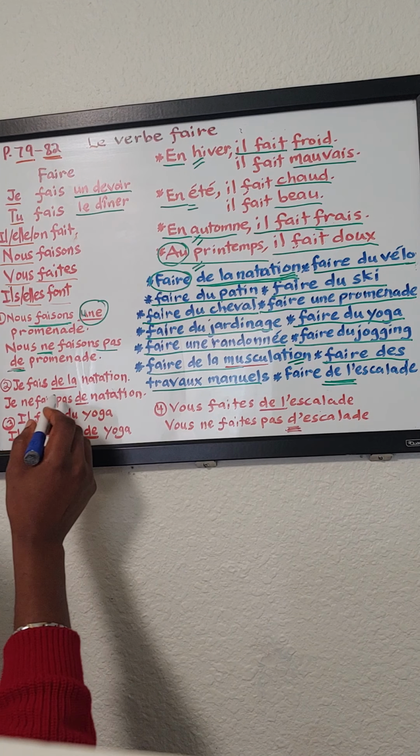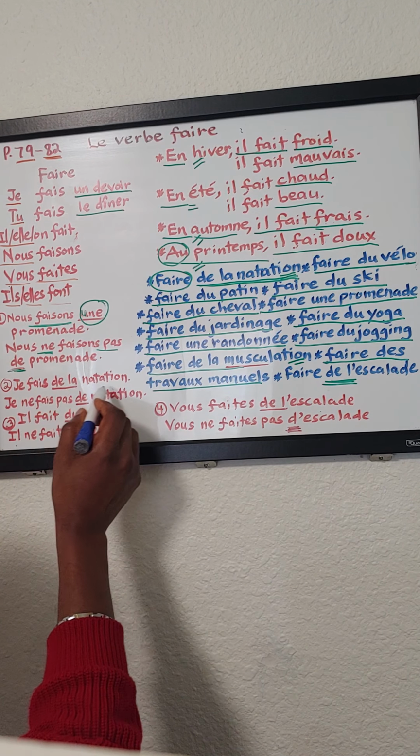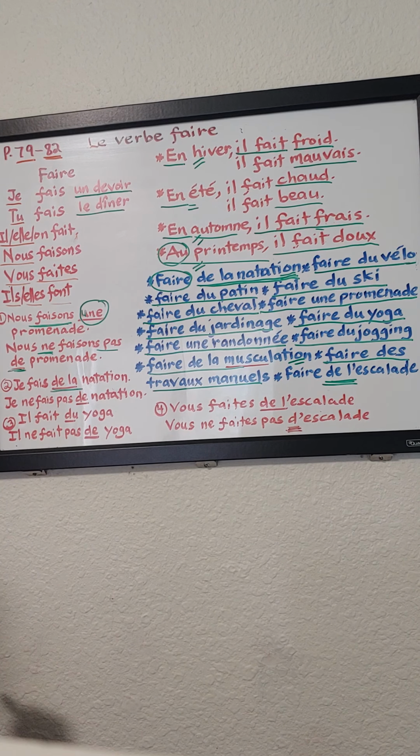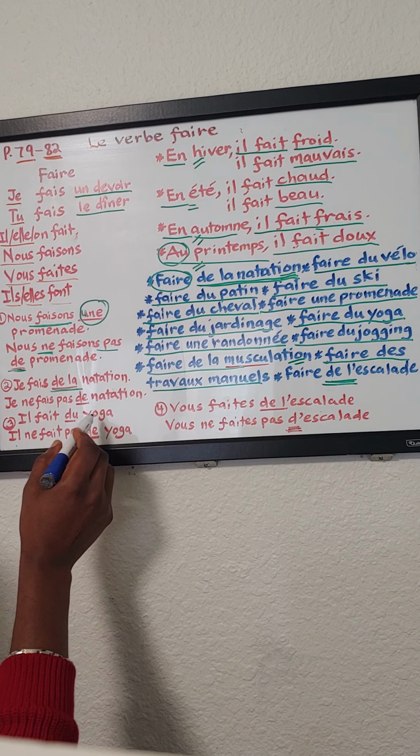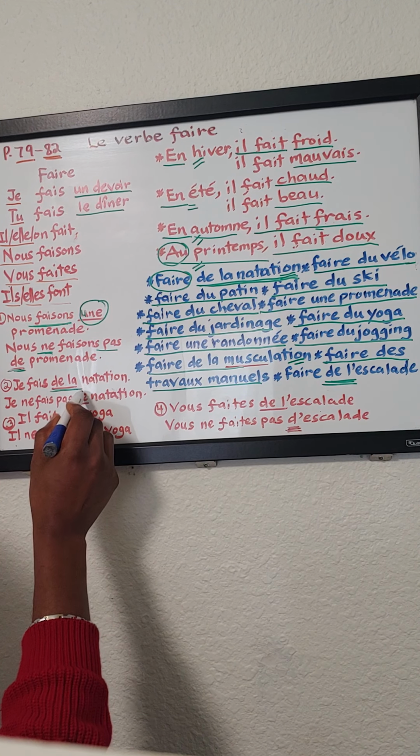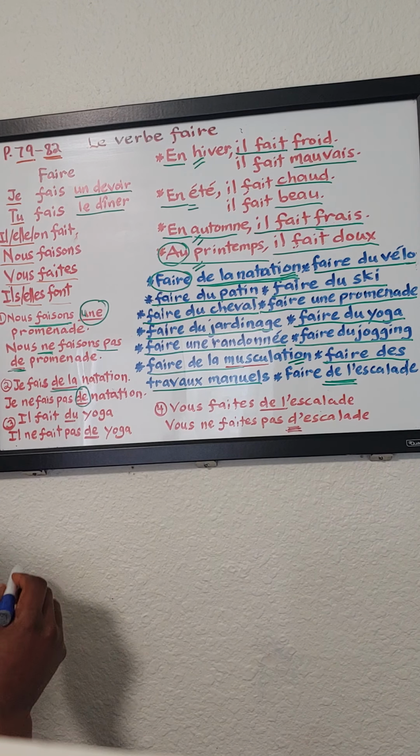Okay? Je fais de la natation. I am swimming, or I go for swimming. There too, you do your negation, and then de la will change to de.